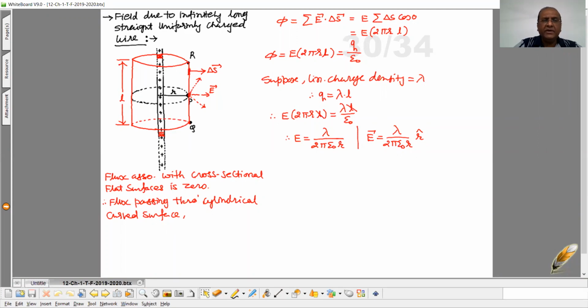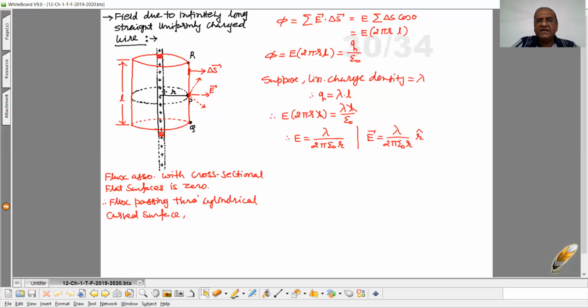Now if we rotate the wire, then this particular point P will be rotated and will form a circle having radius equal to R. We can understand that each and every point on the circumference of this circle having radius R has the same symmetry as P, and the electric field at each and every point will be radially outward, if the wire is positively charged.